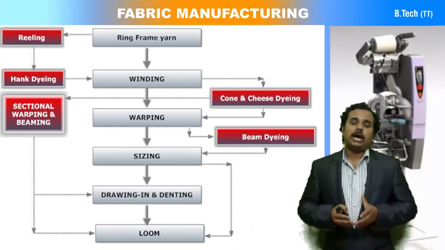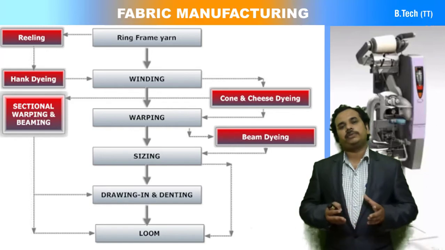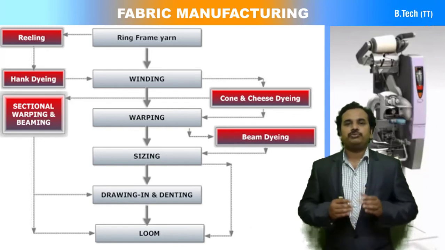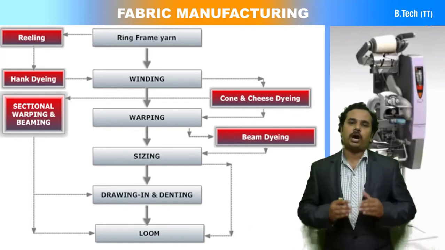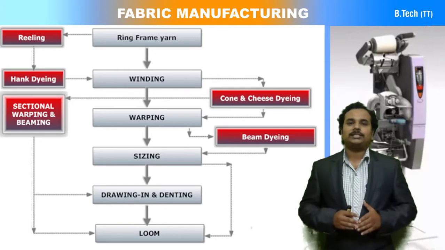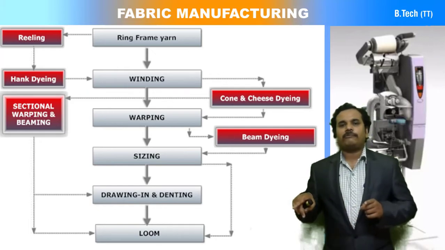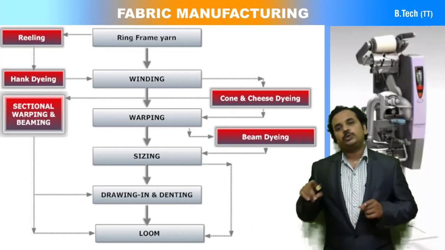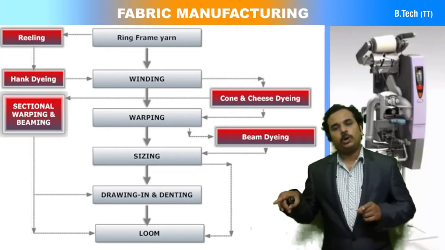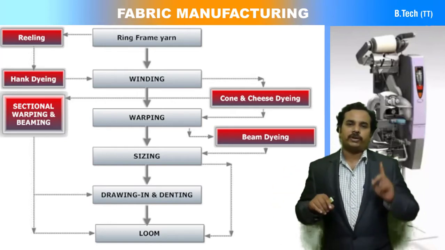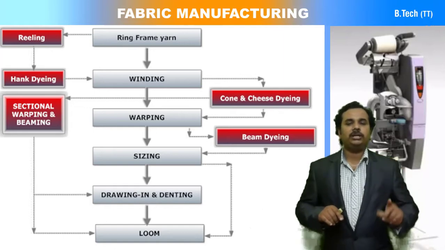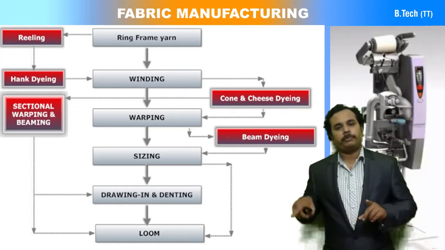There are two sets of threads, one is called warp threads and one is called weft threads. For this purpose we need to prepare the warp sheet as well as the second set of threads, that is weft. So the first one is warp preparation, the second one is weft preparation.